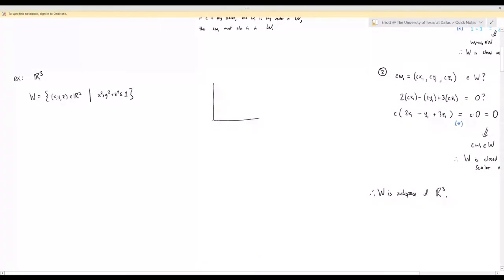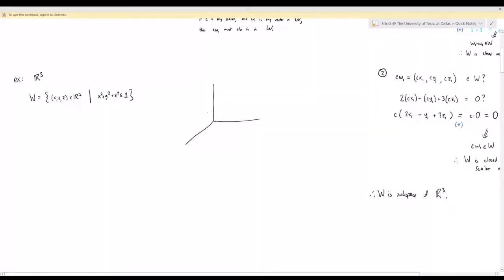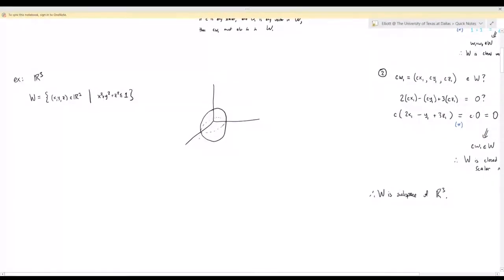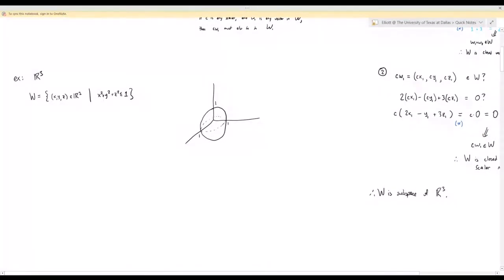So I think you guys would probably recognize W as being the unit ball in 3 dimensions. Right. So this is what our set W looks like this time. And we just want to argue whether or not W is going to be a subspace.